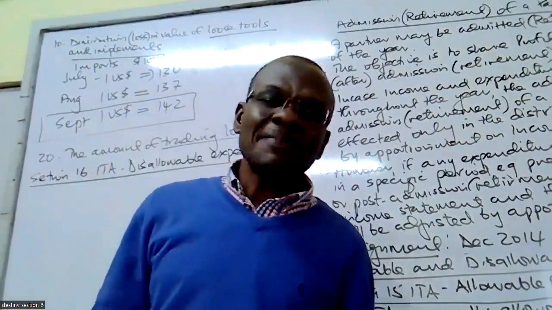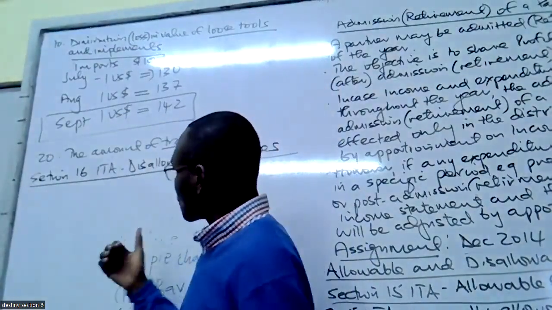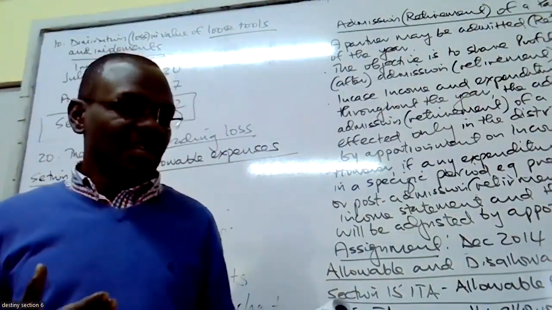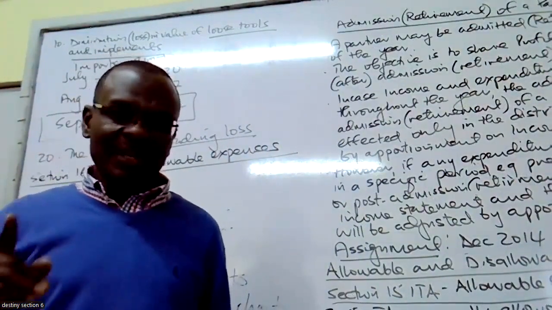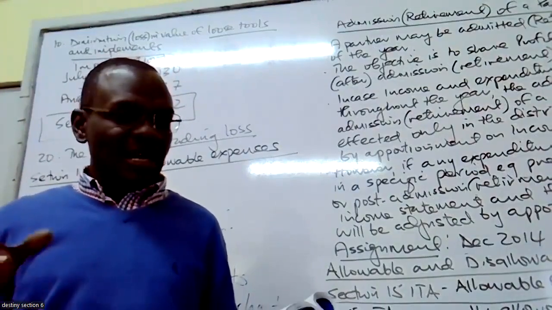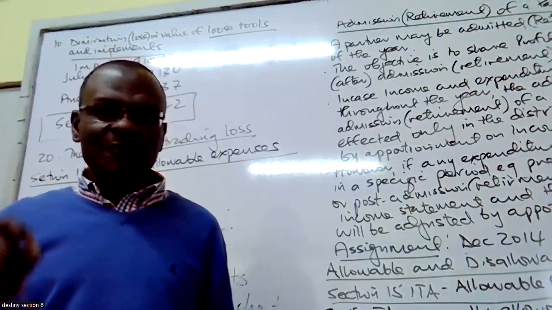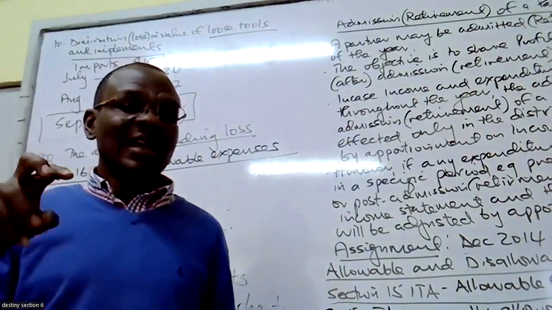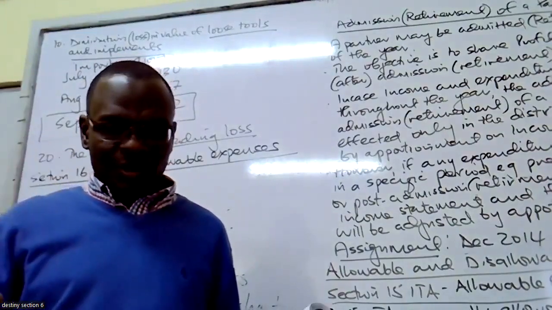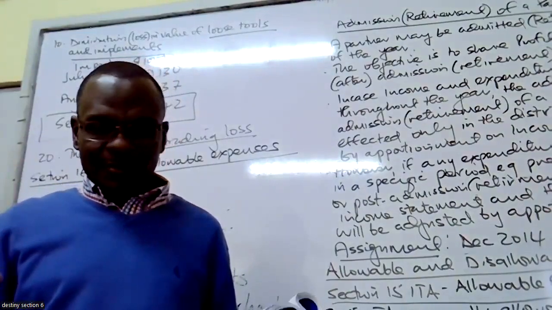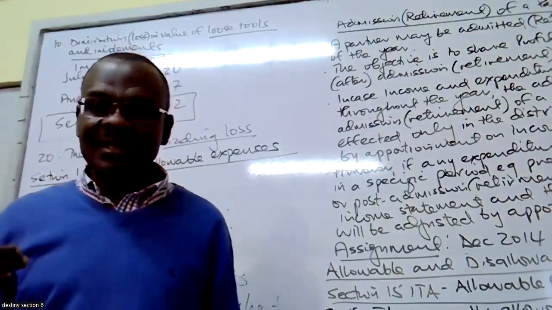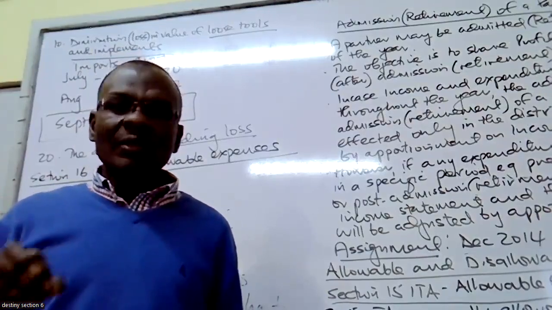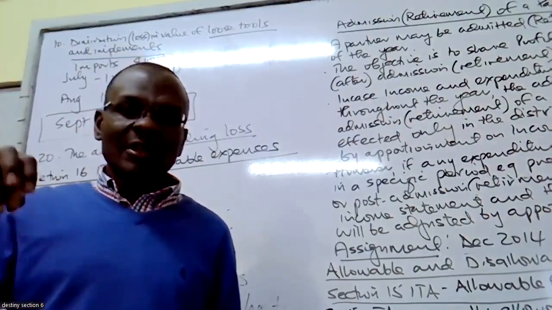So disallowable expenses under Section 16 of the Income Tax Act include the following. Number one, the expenditure or capital loss in form of depreciation, amortization, loss on sale of assets, write-off of assets. All these losses we are talking about are capital losses.